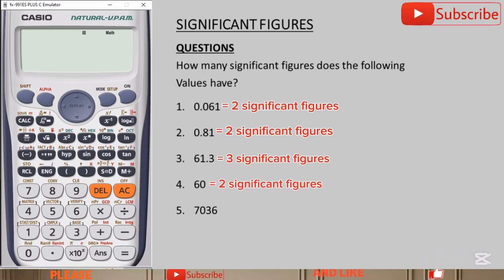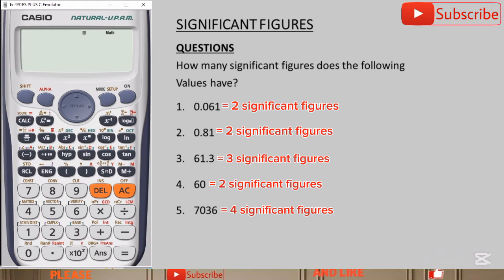Now, for our fifth example, we have 7036, and the 0 is in the middle of the number, which means it will be considered when checking for significant figures. So 7 is our first, 0 is our second, 3 is our third, and 6 is our fourth significant figure. So I can conclude that this number has four significant figures.